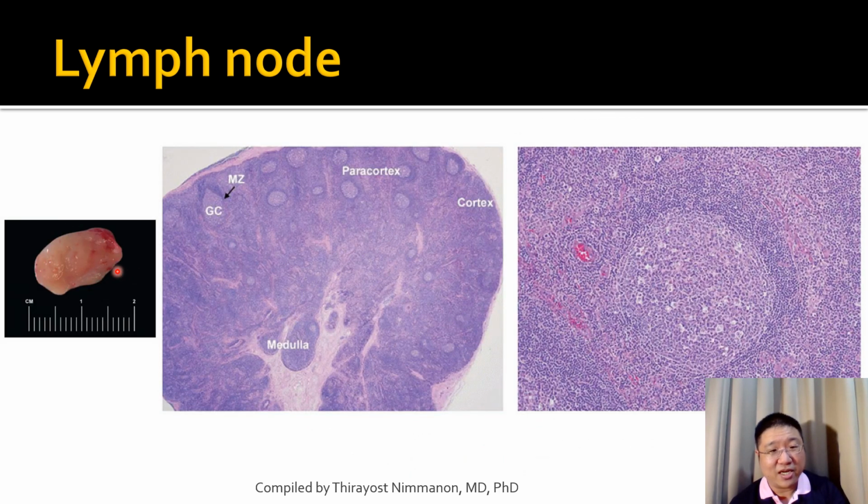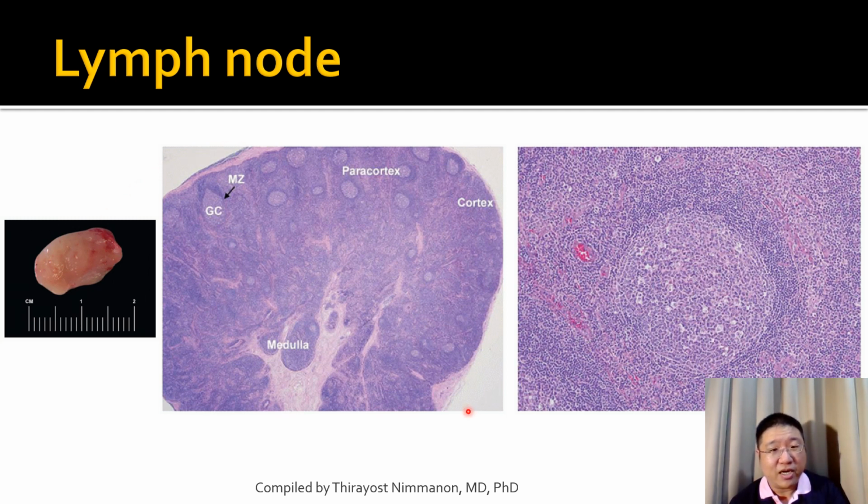So this is the gross anatomy of the lymph node. We will see a nodule like this. Normal lymph nodes are quite small, should be less than half a centimeter or 1 centimeter, depending on the area in the body.